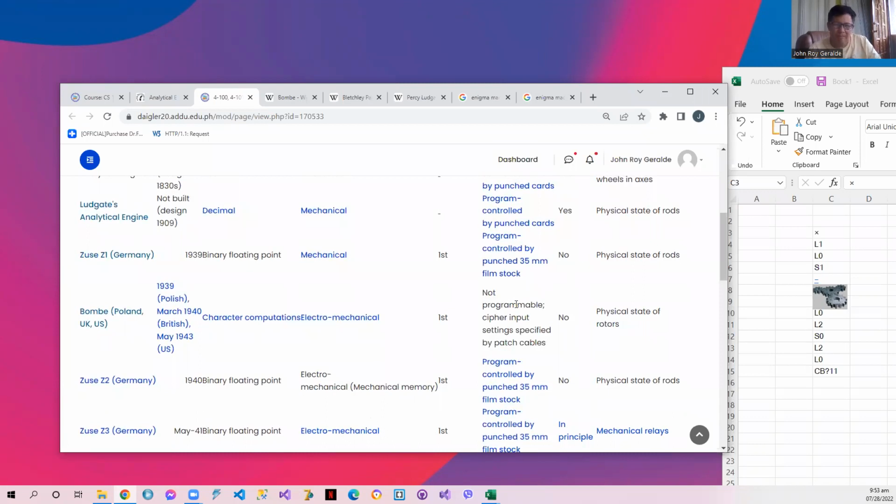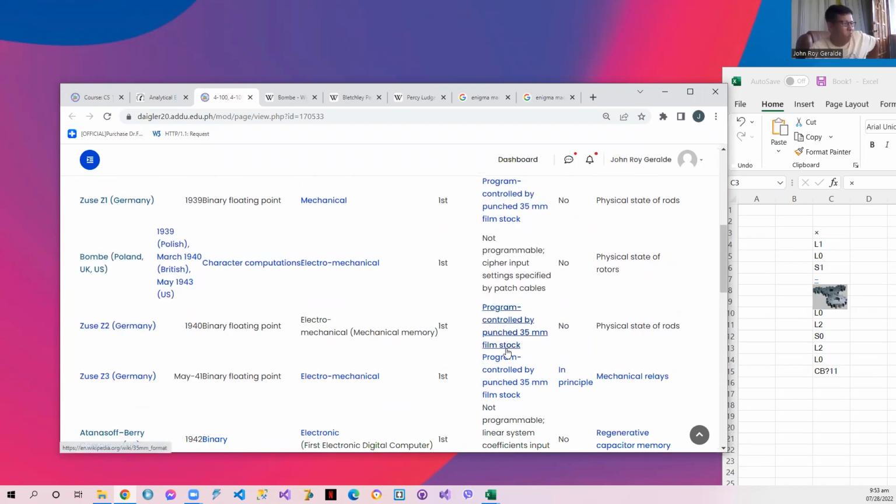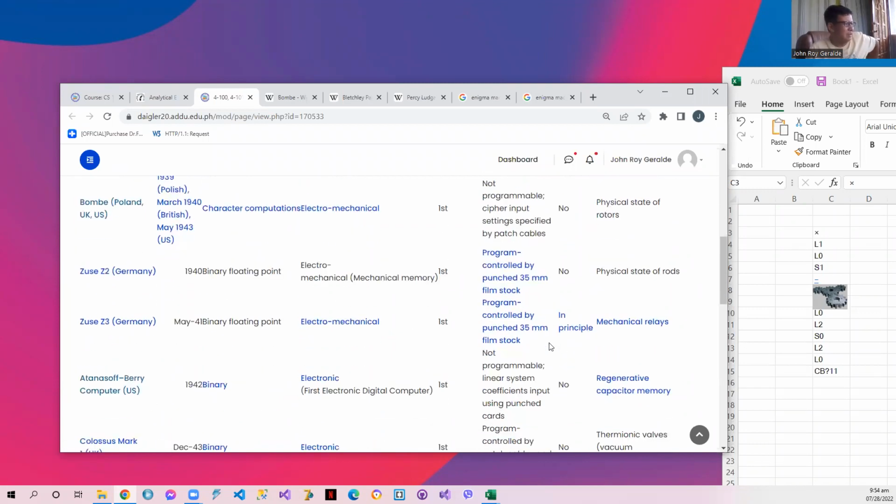It uses a film for photography, old films, instead of the traditional Jacquard's loop. Okay, 35 mm film stock. Okay, the Z3 was very advanced, because later, the film technology was also used as storage in the succeeding computers.